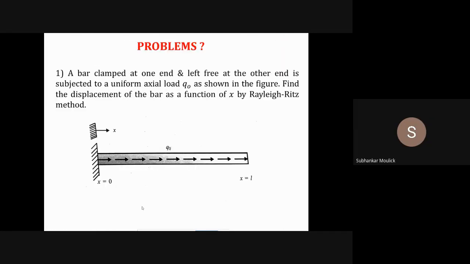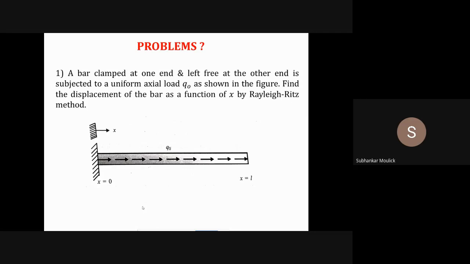Okay. So let us solve a problem by this method. Then everything will be clear to you. Let us read the problem. The problem is: a bar clamped at one end and left free at the other end is subjected to a uniform axial load Q naught as shown in the figure.